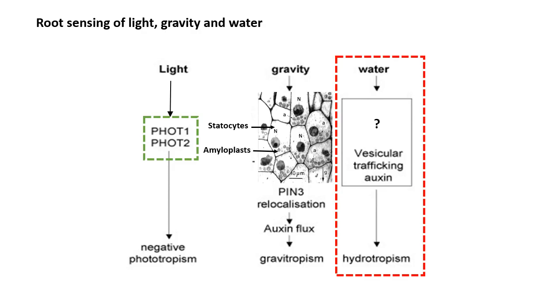However, all such responses are mediated by the auxin flux. Hence, auxin is the long-range signal that translates gravity or water signals into a growth response in the root elongation zone.